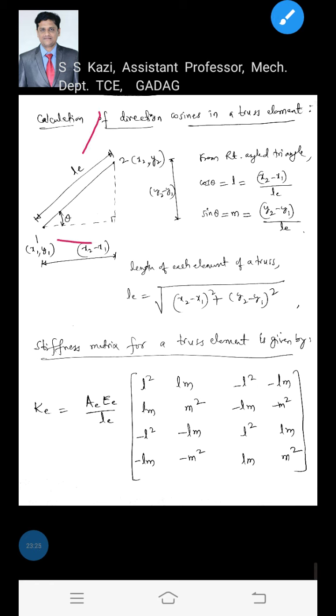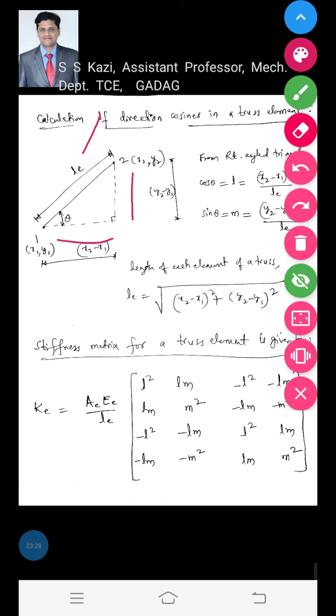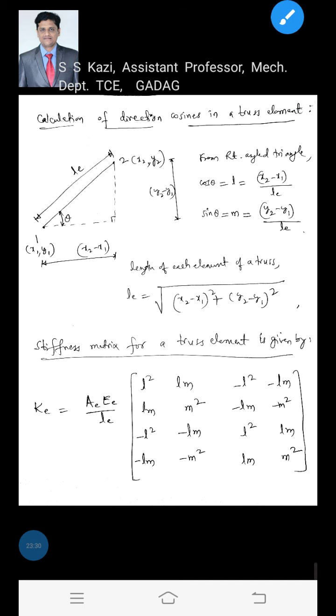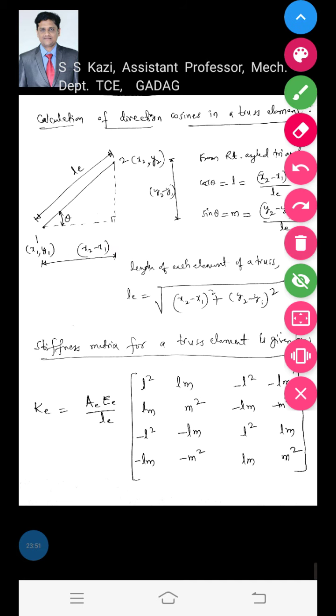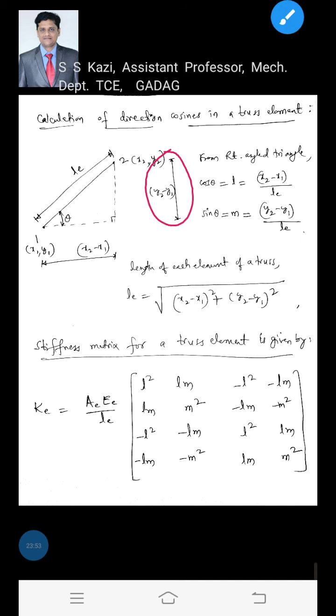Now what are this side and this side in the right angled triangle? From the coordinate values we will come to know. This side is in the x direction; if this is the x2 value and this is the x1 value, then this side will become x2 minus x1. And this is the side in the y direction, whose coordinate value is y2, and in the y direction the other is y1.